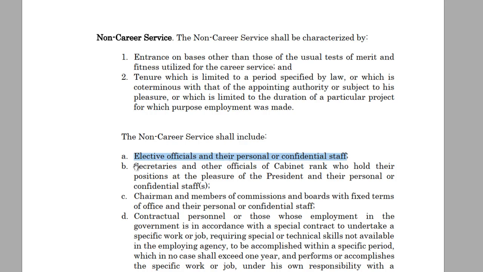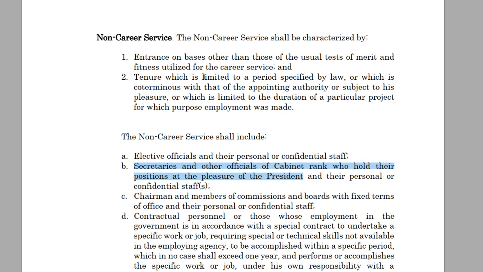Okay? Secretaries and other officials of the governments who hold at the pleasure of the President, yung mga in-appoint ng Presidente na Secretary ng Department of Education, Commission on Higher Education, mga cabinet members, hindi na po yan nag-undergo pa ng check and examination ng civil service. Okay?